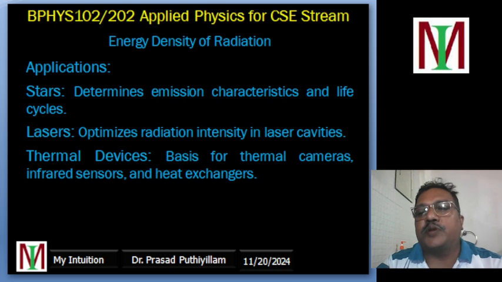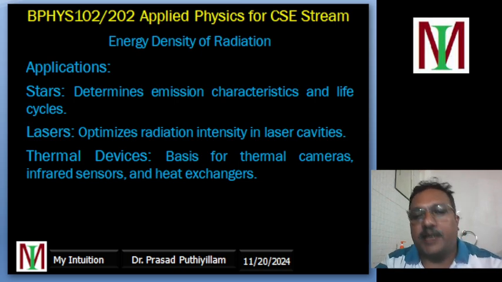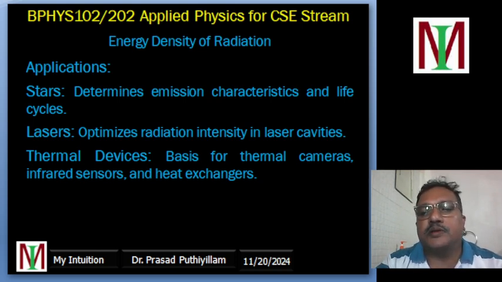It helps to determine their temperature and emission characteristics, and what type of materials are present in the stars. In astrophysics, knowing the energy density of the radiation emitted by a star is very crucial to understand the life cycle and the interaction with the surrounding environment.